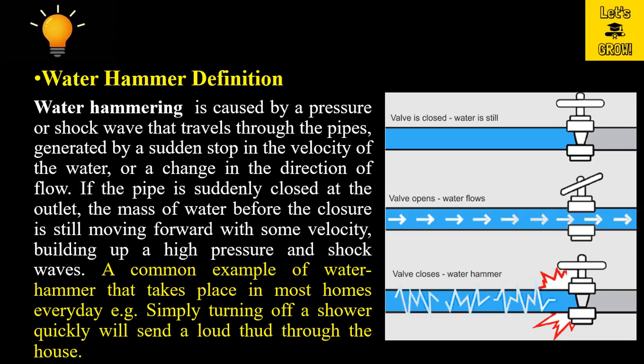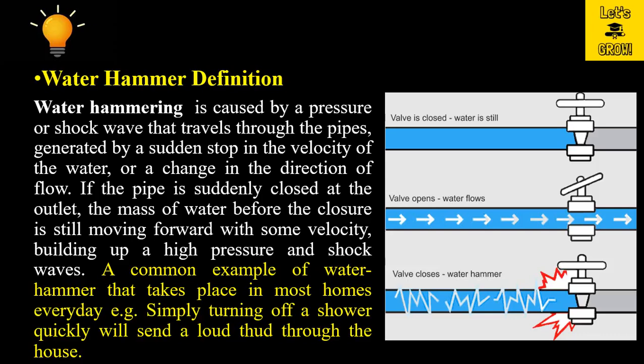If the direction of flow changes suddenly, in that particular case also the water hammer effect can be present, correct? It is due to the sudden closure of a valve or a sudden change in the velocity of the water.